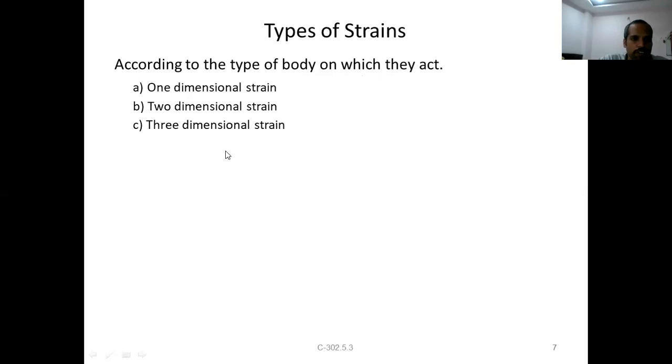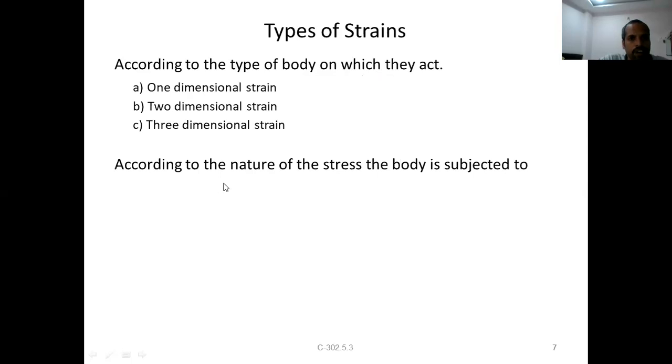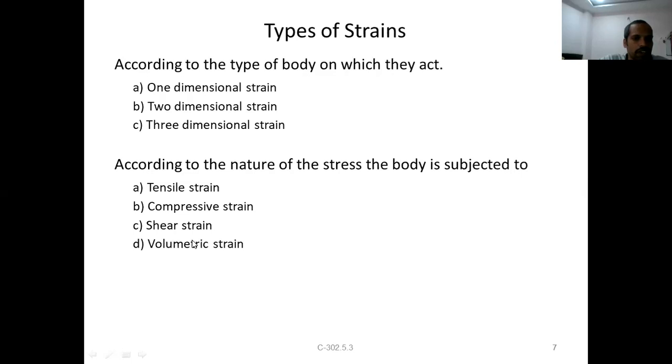According to the nature of the load it is subjected to: if it is tension, tensile strain; if it is compression, compressive strain; if it is shear force, shear strain, right? And if it is subjected to load from all directions, it is volumetric strain, right? Now let us discuss one by one.